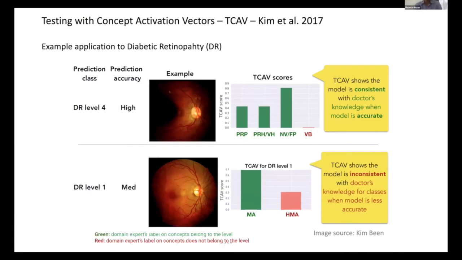In diabetic retinopathy, this has also been used. Here you have 5 levels typically to define diabetic retinopathy. They tested a system that was classifying these images automatically, and they showed that the amount of aneurysm was a misleading part of the grading on these images.